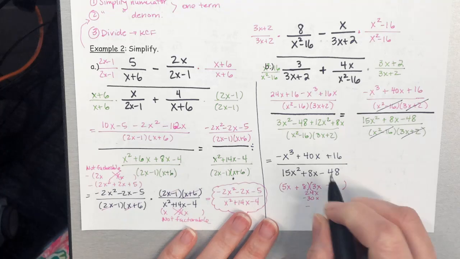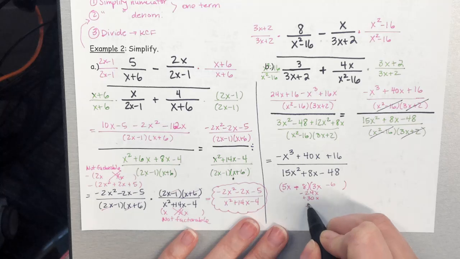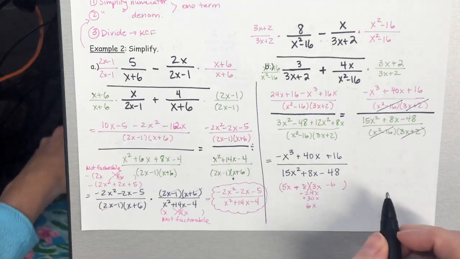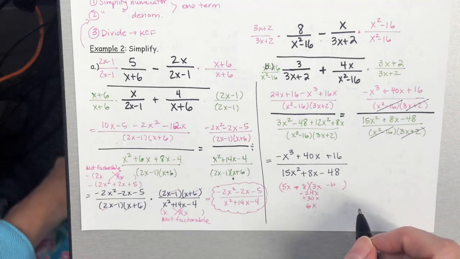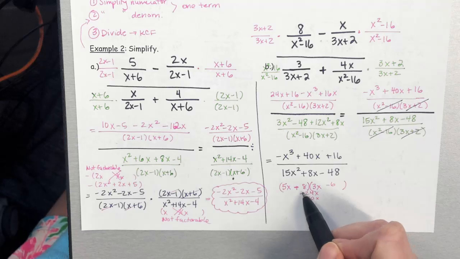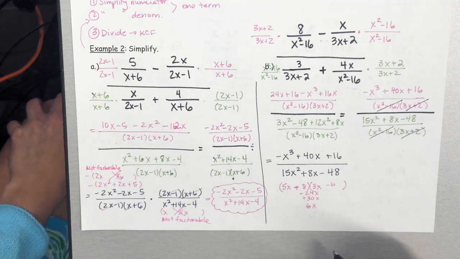That would give you negative 6 or positive 6. So that one's close. Okay, with your factors of 48, these two are the closest together, the 8 times the 6.